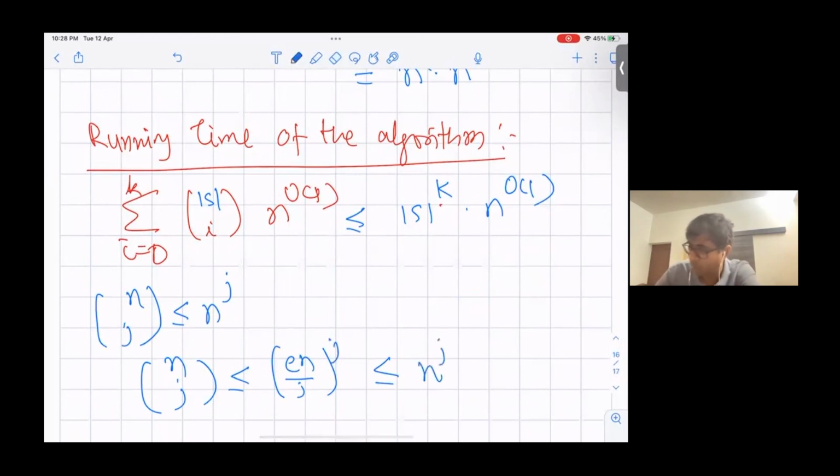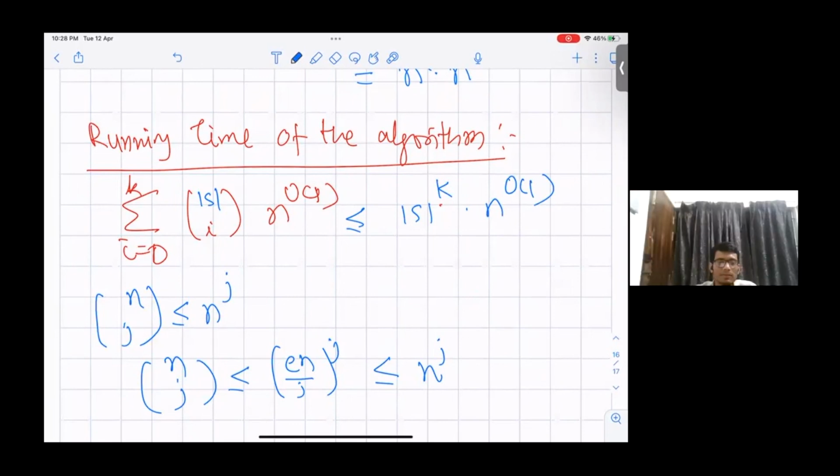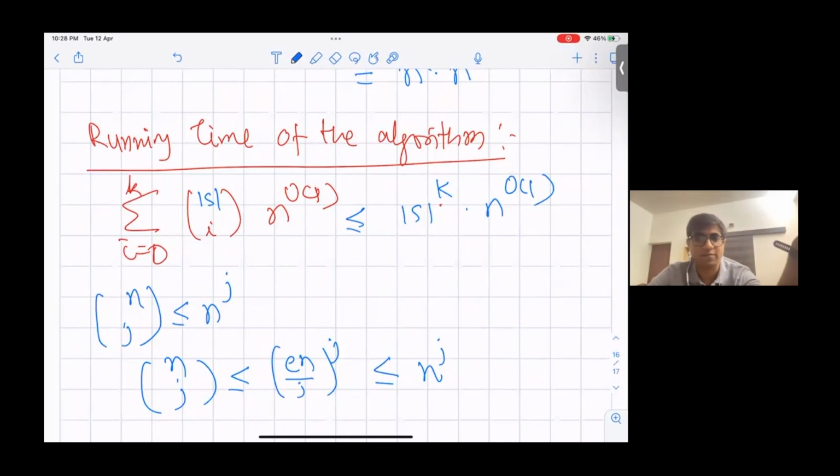So it's roughly n to the power j. Yes, no. Please give some feedback. So now each term is like n to the power i. So I took i, the highest, which was k, and the rest of them I put in this, right? But it's a big change. It's no more what we wrote before.